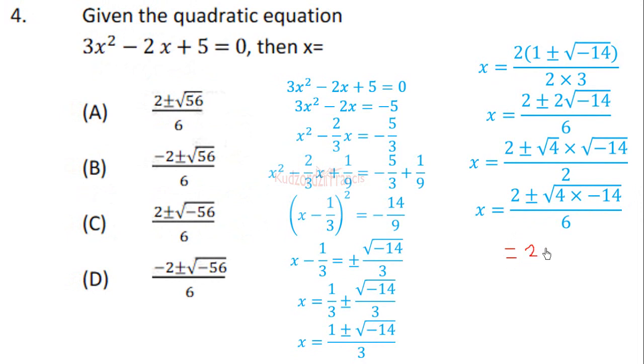So the result will be 2 plus or minus root of negative 56 all over 6. Therefore, the correct choice is 2 plus or minus root of negative 56 over 6. That's the correct answer.